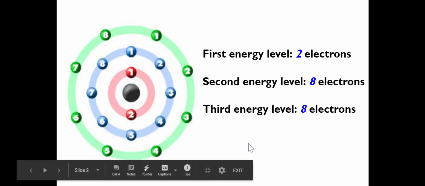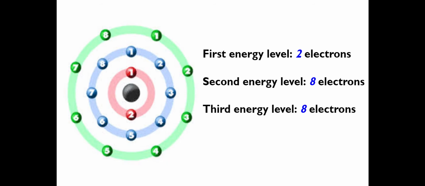I always use the example of parking lots to explain this. Think about there are 3 floors of parking lots. People prefer to park on the first level. But the first level can only host 2 electrons, 2 cars. When it's full, you have to go to the second level. You go up to another level, and this level only has 8 parking lots.